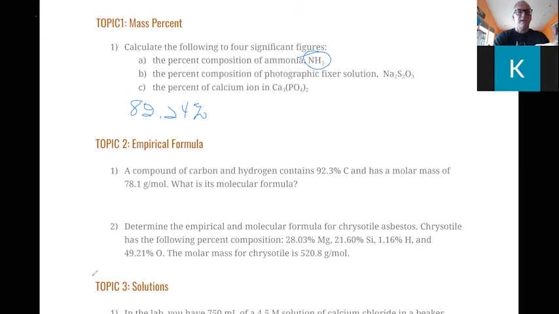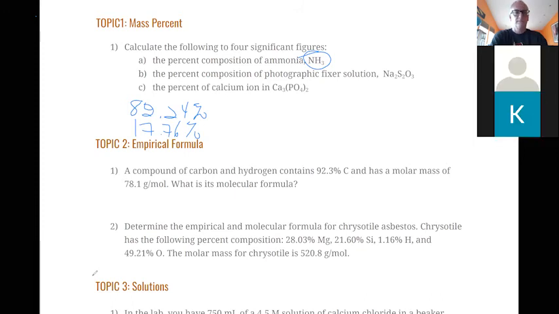The rest, presumably. 17.76. Does that agree with everyone else's result? Yeah. Sweet. Okay, excellent. What do we call that particular compound? Calcium phosphate. That's right, calcium phosphate. Excellent. So what's my percent of calcium?